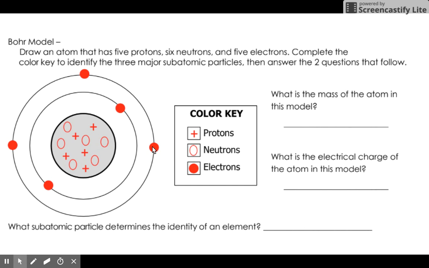What is the mass of the atom in this model? So our mass is located in the nucleus. So all I have to do is count how many protons and neutrons are inside of the nucleus.